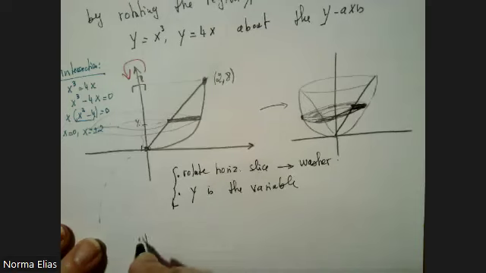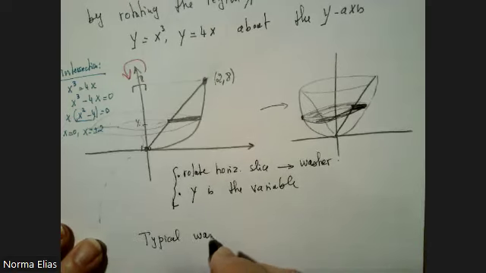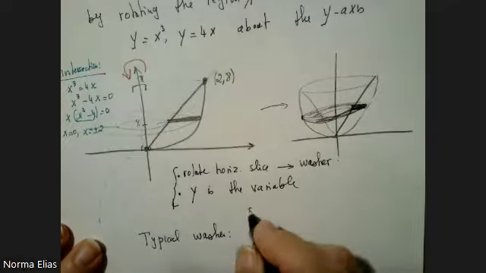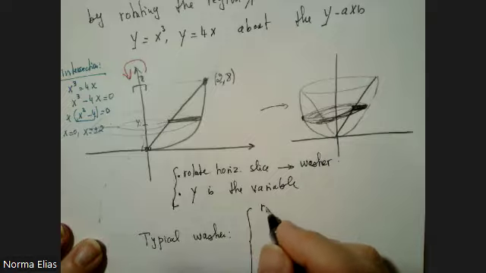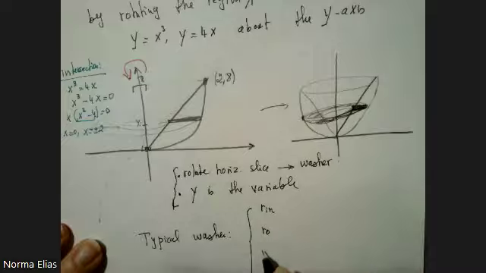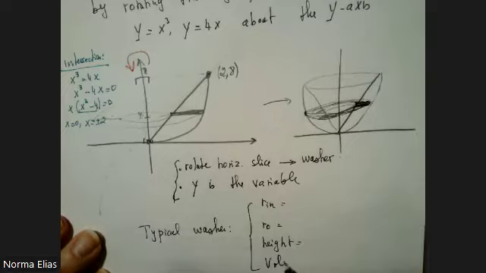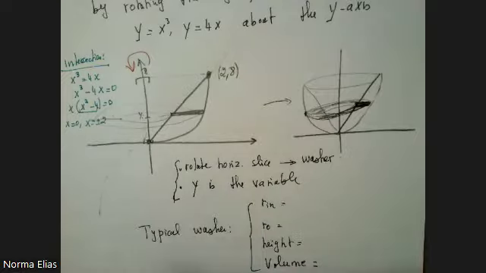Now, typical washer. It means I want the inner, the outer, the height, and finally the volume. Right. Now I'm going to be quiet a little bit. I want you to look at the problem and tell me how are we going to find the inner radius.